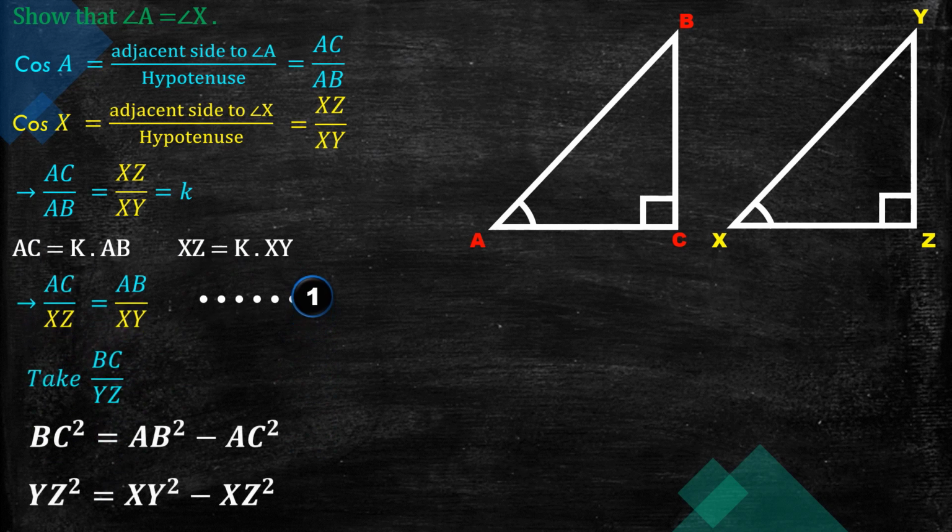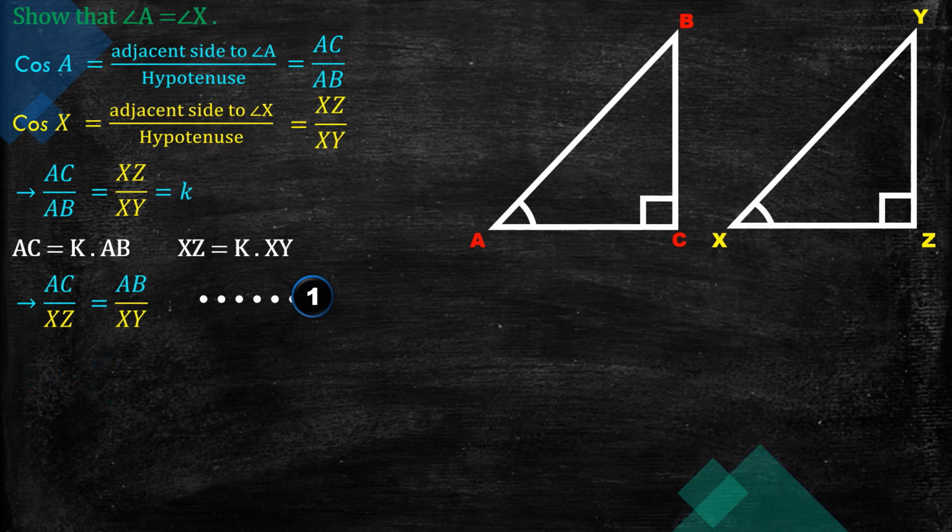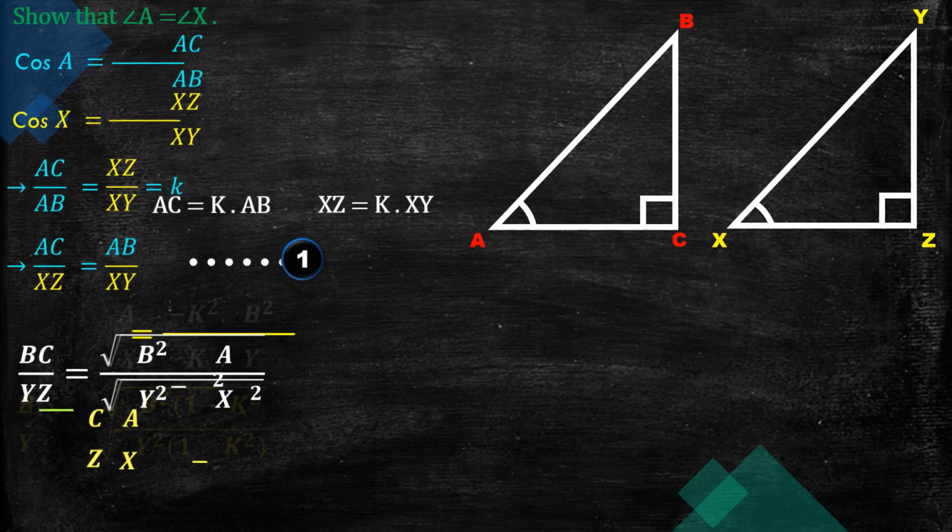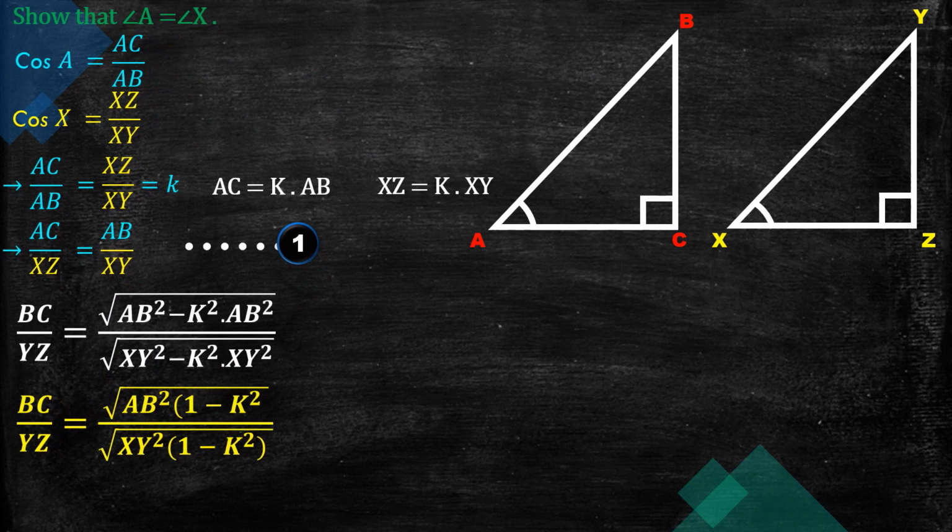Take BC by YZ. From the right angle triangle ABC, BC square is equal to AB square minus AC square and YZ square is equal to XY square minus XZ square. That implies BC by YZ is equal to square root of AB square minus AC square by square root of XY square minus XZ square, that is equal to square root of AB square minus K square into AB square divided by square root of XY square minus K square into XY square.